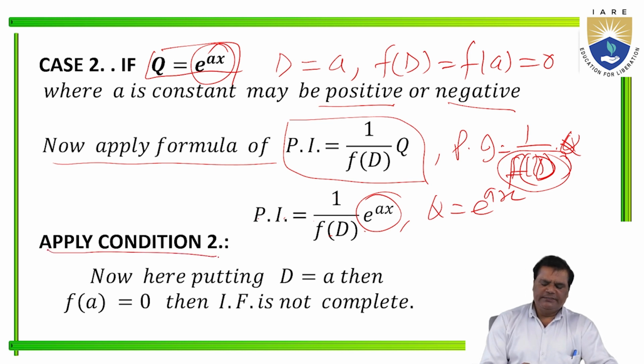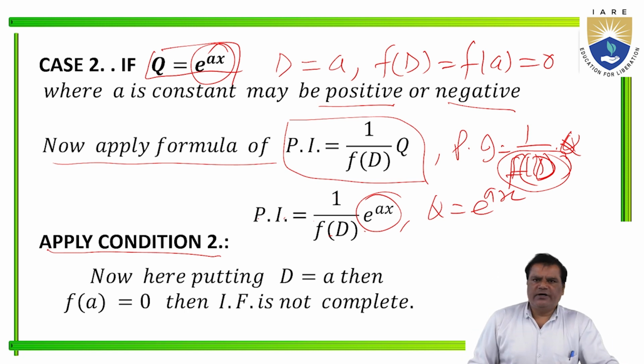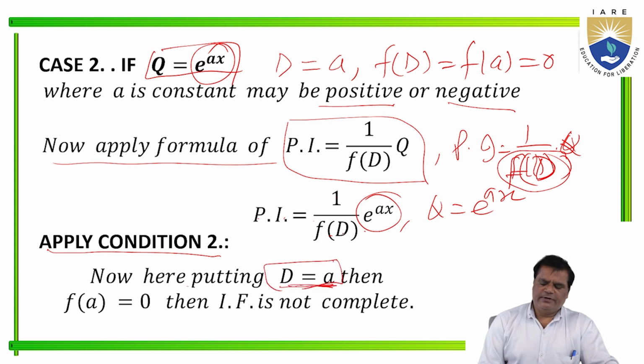Now apply condition 2. In the last question we applied condition 1, here we apply condition 2. Now here putting D equal to a, then f(a) equals 0. f(a) means the denominator of the PI, and the denominator must be 0 here.